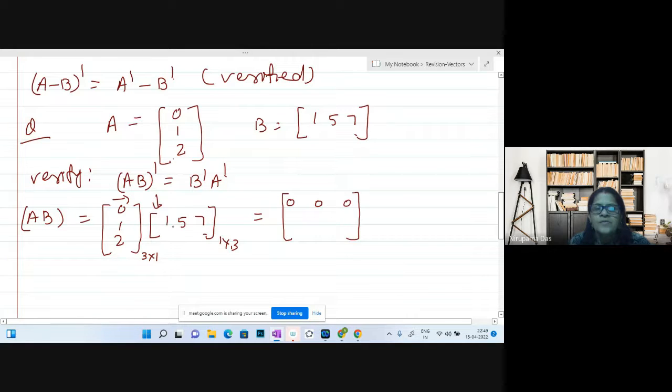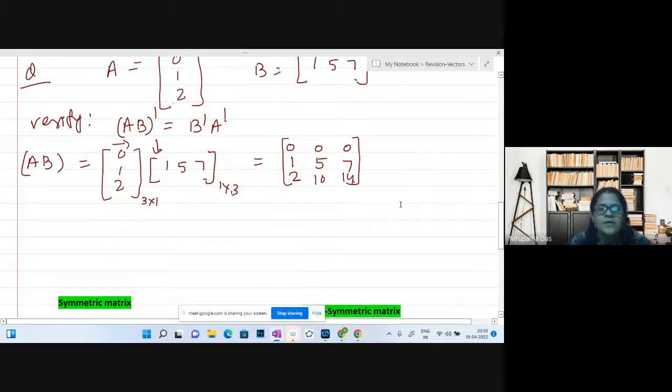Then R2: 1, 5, 7. Then R3: 2, 10, 14. This is A into B. Now the transpose of AB is 0, 0, 0, 1, 5, 7, 2, 10, 14. This is your transpose of AB. Let me call it 1.